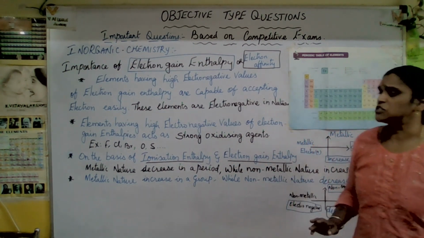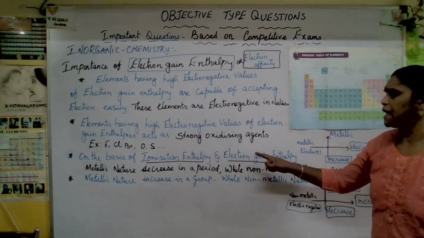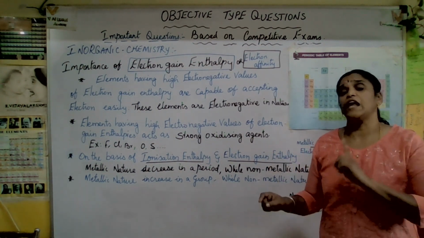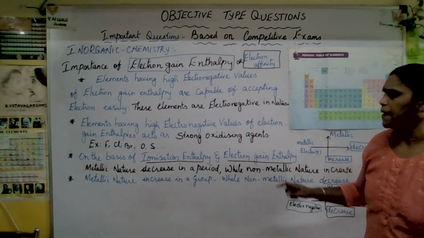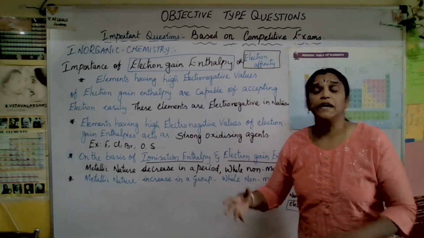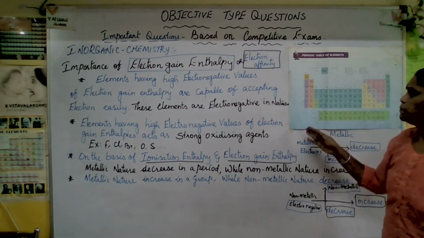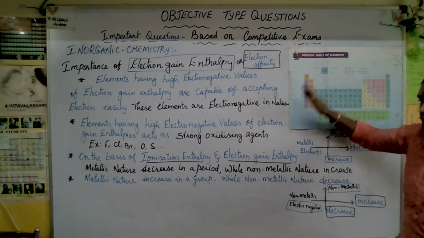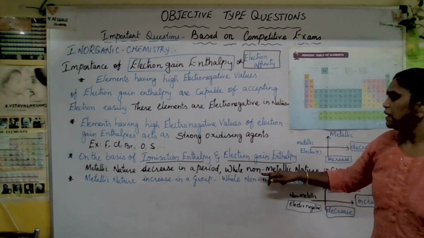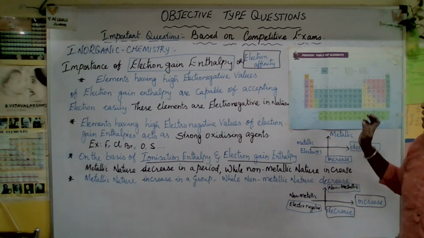Now the next one, on the basis of ionization enthalpy and electron gain enthalpy. See the difference. Metallic nature and non-metallic nature: how do we identify them in groups and periods? You know very well about groups and periods. Metallic nature decreases in a period.